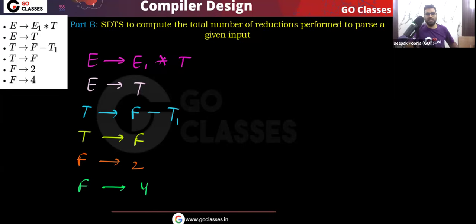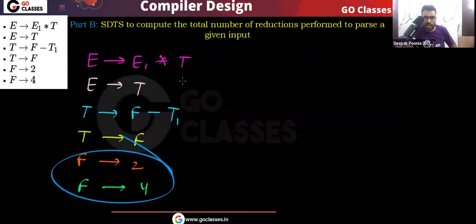So these are the productions. Now notice one thing, I will start from the bottom, from the basic things, and go towards the more recursive things. So from the basic things, let's start.